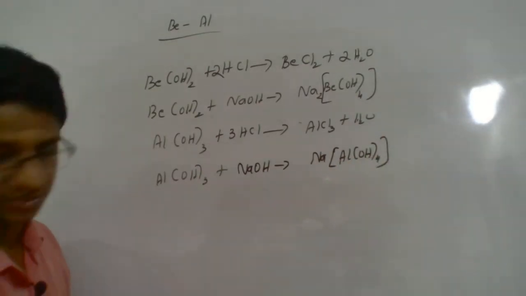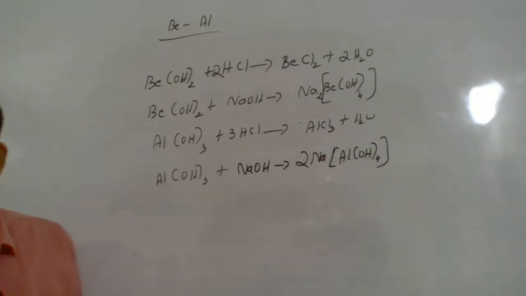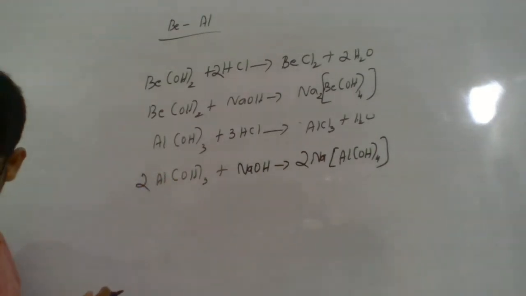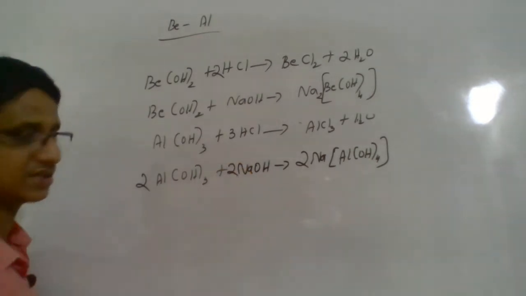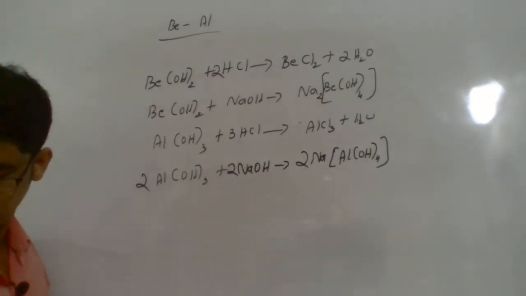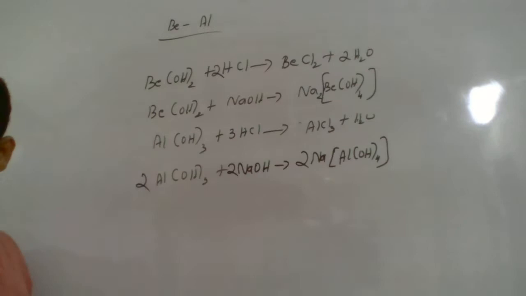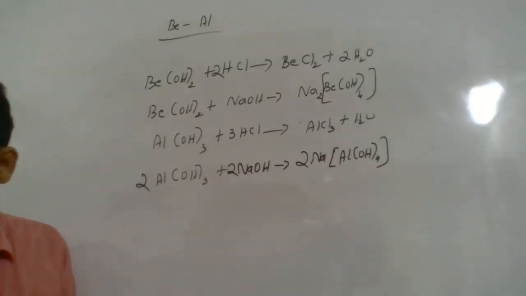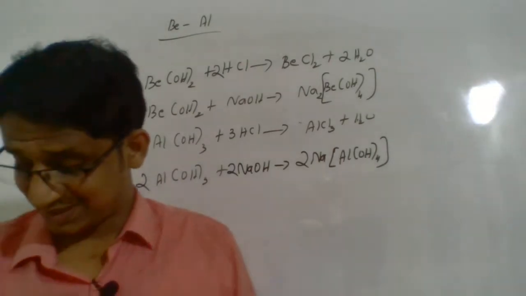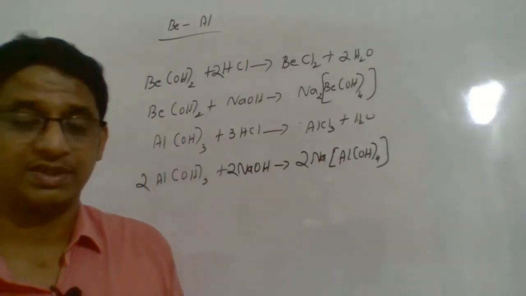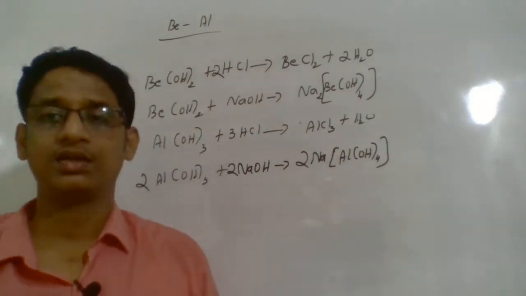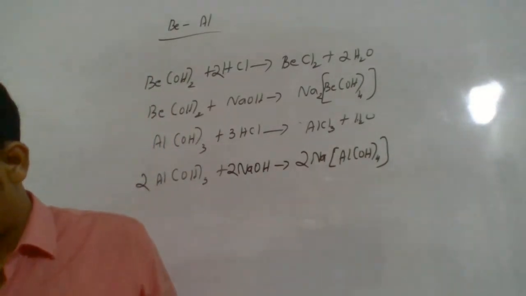So here 2 moles of Na[Al(OH)4] will be formed: 2Al(OH)3 plus 2NaOH to form the corresponding sodium aluminate. Aluminium hydroxide similarly reacts with the acid to form aluminium chloride. So sodium berylate is also formed. That is another similarity between beryllium and aluminium. Their oxides are amphoteric, their hydroxides are amphoteric as well.